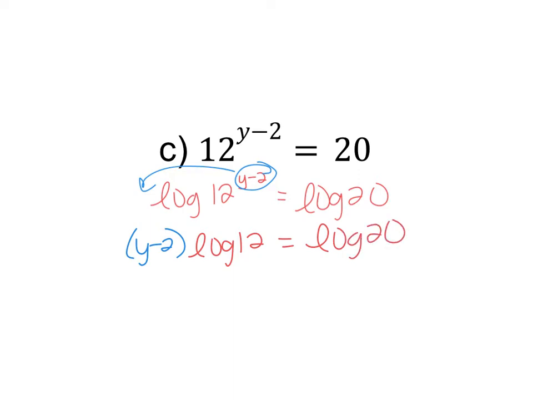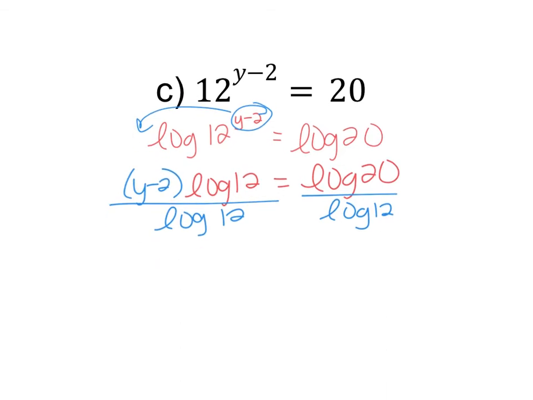Okay, what do you think I would do next? Well, I'm going to try to get that y by itself. So the next step would be to divide both sides by the log of 12. Okay, so those cancel, which is what I wanted. And now I have y minus 2 equals the log of 20 over the log of 12.